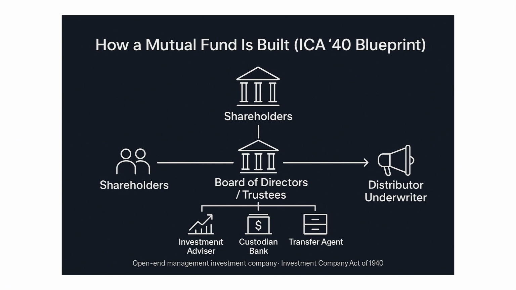Shareholders elect an independent board of directors or trustees. The board, by law, owes you a fiduciary duty. It negotiates the advisory contract and reviews fees annually. The investment advisor, think of Vanguard, Fidelity, BlackRock, actually runs the portfolio.